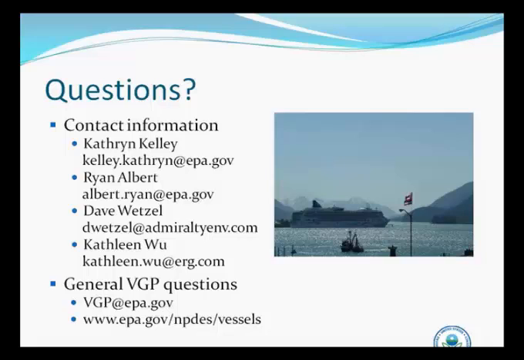A second element of that question that I'll try to tackle here today is if you're a commercial bulk carrier discharging gray water in the Great Lakes. Actually, I don't think you can discharge gray water in the Great Lakes because most of it would be no discharge zones, as it's part of sewage. But if you were to, you would be subject to Section 312 of the Clean Water Act and not this permit.